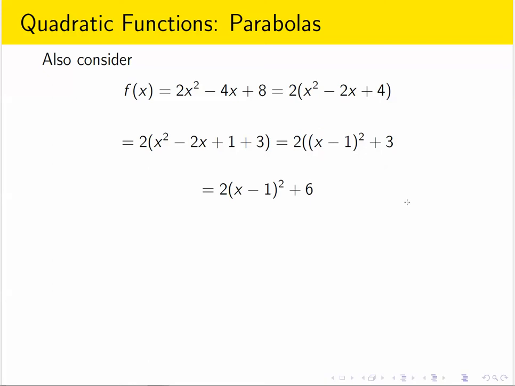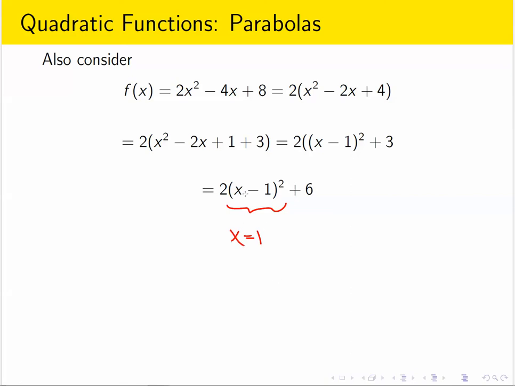So can we tell from this what the lowest point on the graph is going to be? To get the smallest possible output, I want this part to be 0. I know it can't be negative because it's squared, so the smallest output will be when it's 0. And so that's going to happen when x is 1.